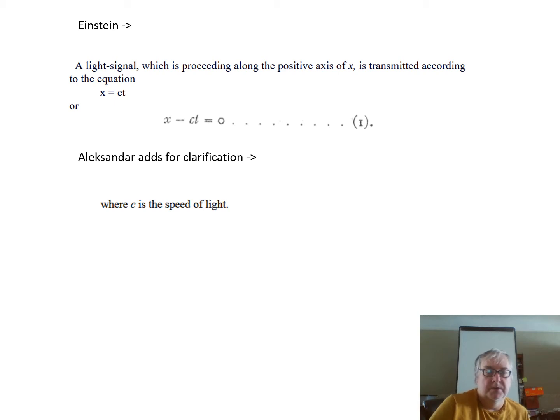Einstein continues, a light signal which is proceeding along the positive axis of x is transmitted according to the equation x equals ct, or x minus ct equals 0, and that's equation 1. Alexander adds for clarification where c is the speed of light, i.e. the speed of light in the vacuum.